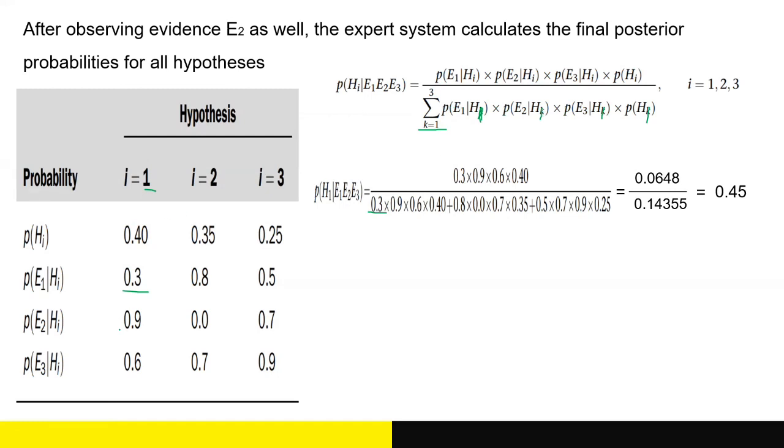We have 0.9. And then multiplied by the probability of evidence 3 given hypothesis 1. So we have 0.6. And then multiplied by the prior probability of H1. So we have 0.40 plus. So our index k now is 2.